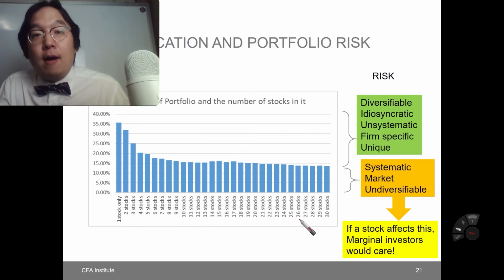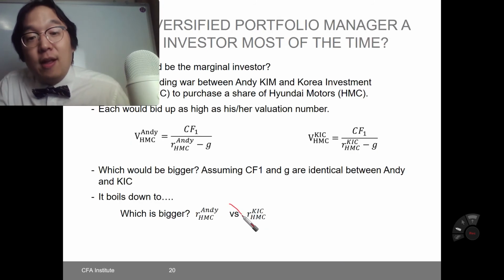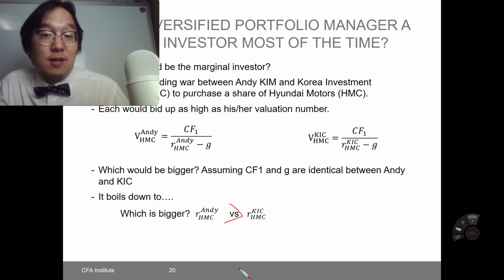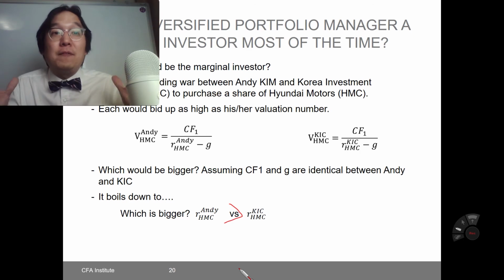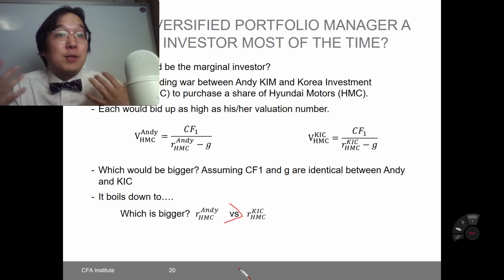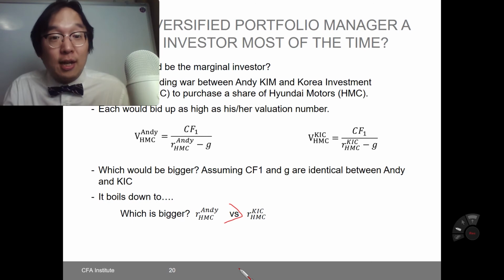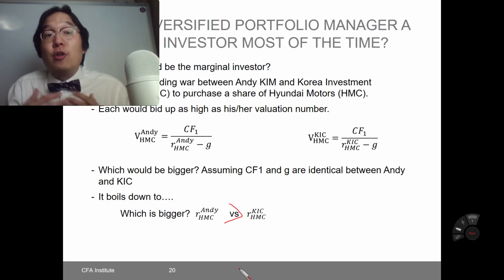To answer this question right away, it would be like this. To me, this is the only asset that I have. If Hyundai Motor screws up, my whole wealth is going to be screwed up. So the discount rate or risk premium that I want to charge on that company will be bigger compared to the discount rate by KIC.